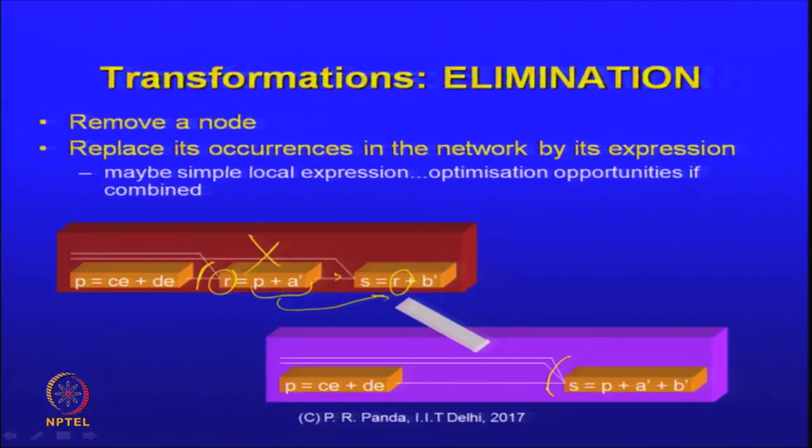But A, B, C, D are the literals, and R is also a literal. This is multi-level logic, and R is like an OR gate, and it does perform some Boolean function. The output of that is going into that other node, which will also be realized in terms of some gates. There R is a literal because it is an input to that gate.